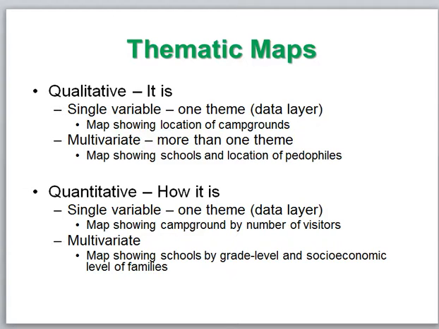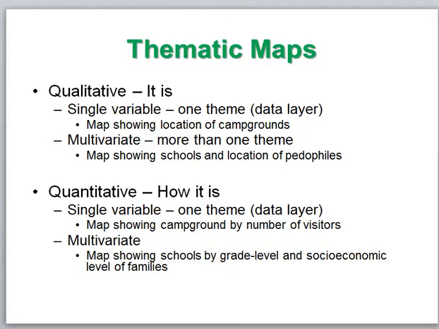So when we're looking at thematic maps, you can also map things with just showing one single variable, or you can do multiple variables or have a multivariate map. In the qualitative lab that we're going to do, you will notice that we're going to map polygons, and then we're also going to map points to add information.